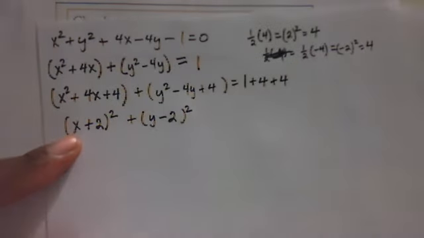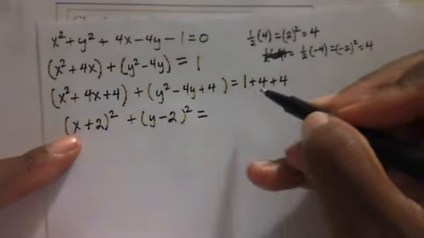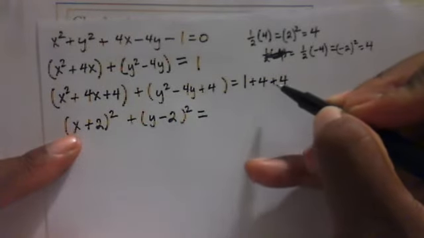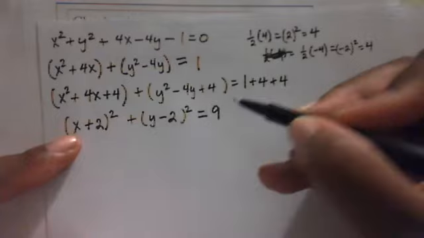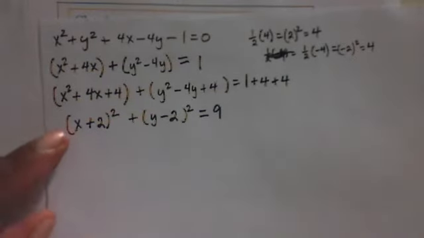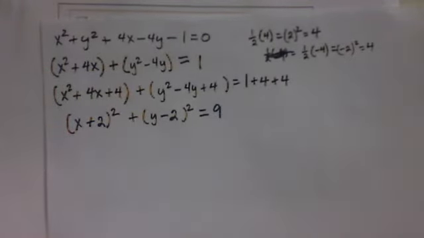So this will be y minus 2 quantity squared. And then that's equal to 1 plus 4 plus 4. That's 9. So this right here represents the equation in standard form.